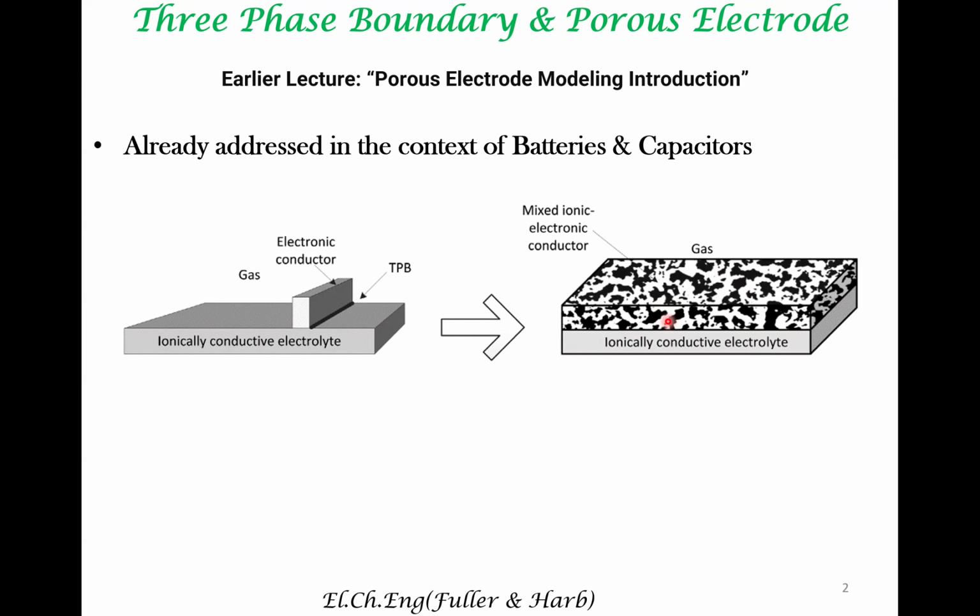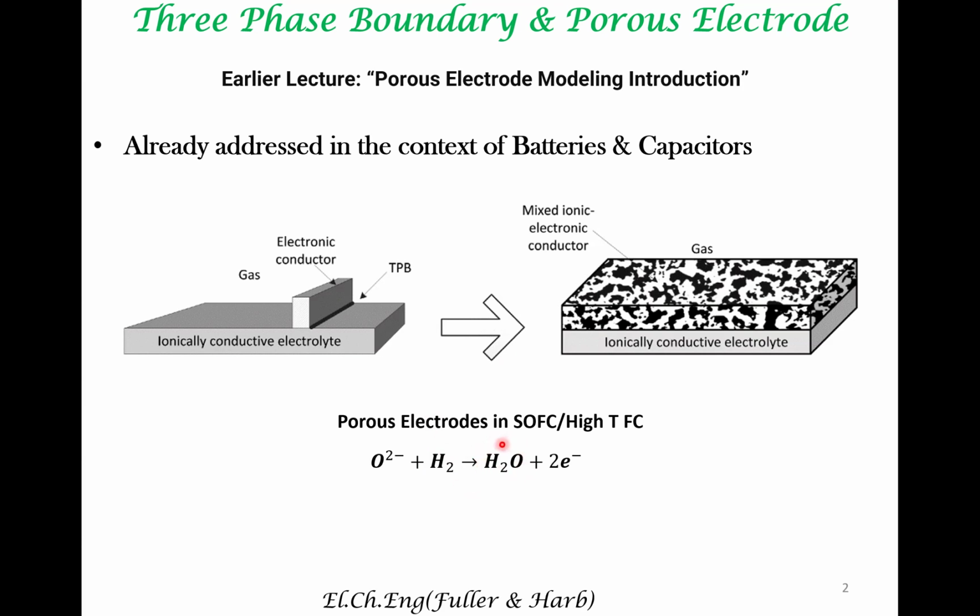Earlier we discussed this in the context of ionically conducting electrolytes made up of a liquid, but this is more widely applicable, even in the context of, let's say, a solid oxide fuel cell or high temperature fuel cell. Here the electrolyte conducts oxygen anions. In this region, there exists a network for conducting hydrogen reactant.